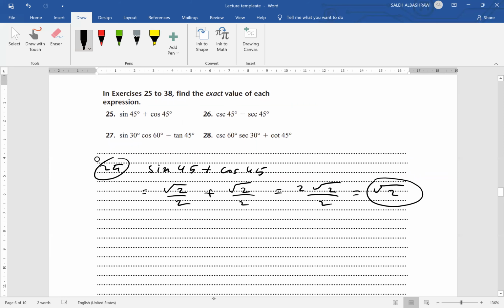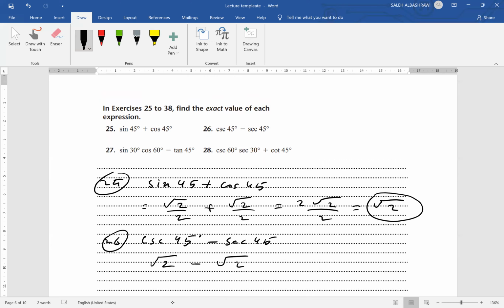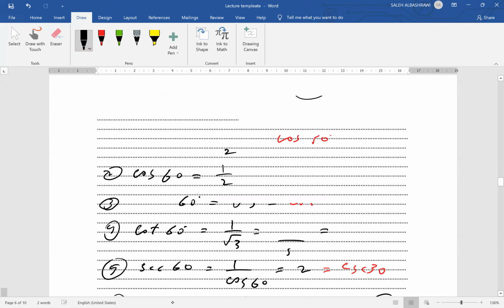For question number 26, we need to find the exact value for cosecant of 45 minus secant of 45. Now cosecant of 45 is equal to square root of 2. We just go back to see it in the 45.